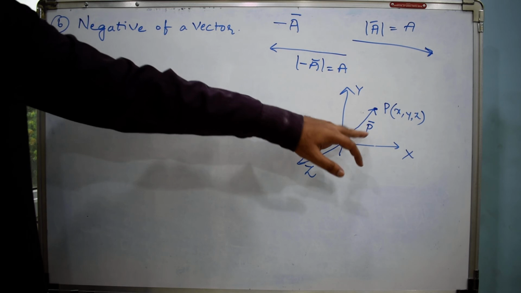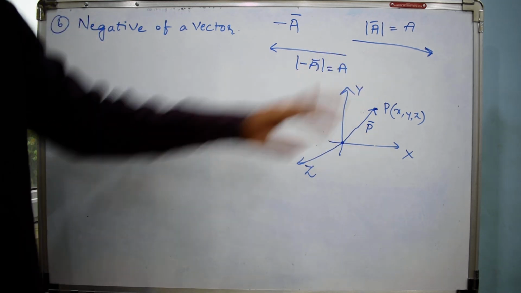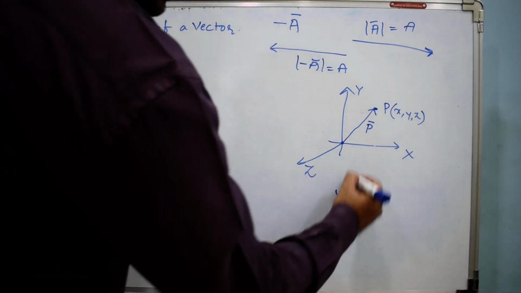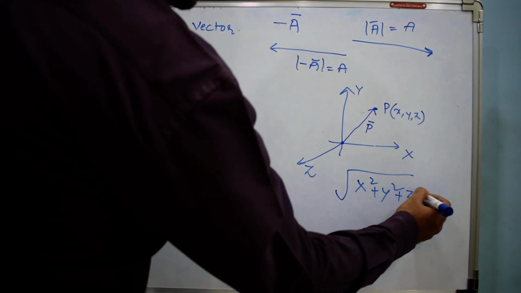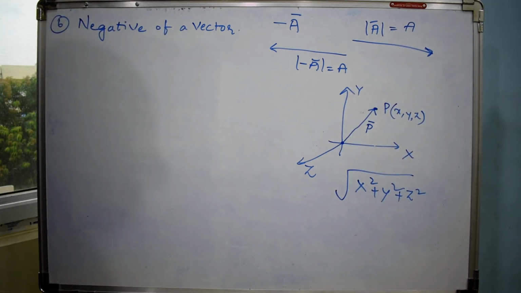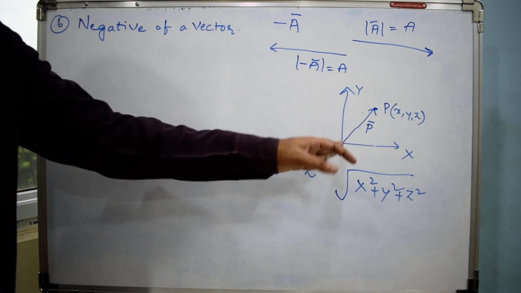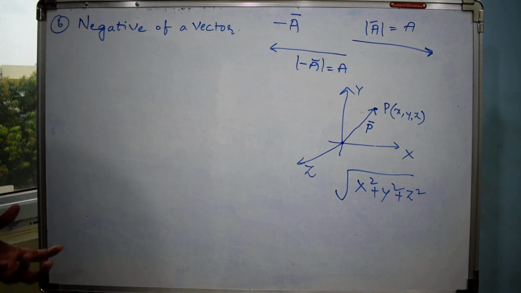Okay, the magnitude of this position vector is nothing but the distance between that point and the origin. If you are familiar with the mathematics, we can directly say it is equal to the root of x square plus y square plus z square, from coordinate geometry. The magnitude is this and the direction is from the origin to that point. So what this position vector gives us is the position of any point with respect to the origin.